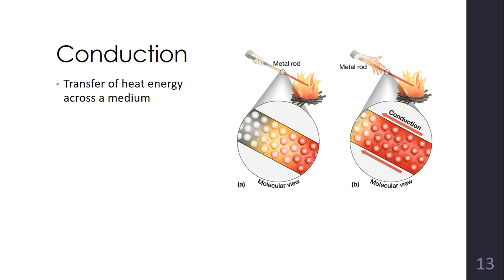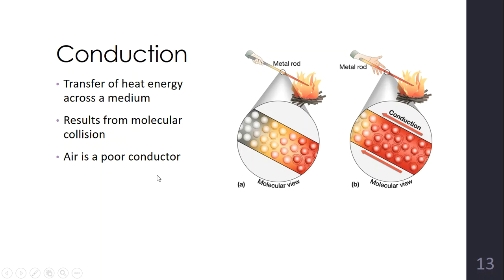And so here, these illustrations with the frying pan and whoever is grabbing this hot metal rod, basically if you take a hot metal rod and you stick it into fire, it's going to heat that hot metal rod, which will eventually reach your hand through conduction, and then your hand is going to feel that heat. These are the results from molecular collision, right? The molecules down here start moving really fast, and they keep bumping into each other, and next thing you know, it's hot all the way up here.